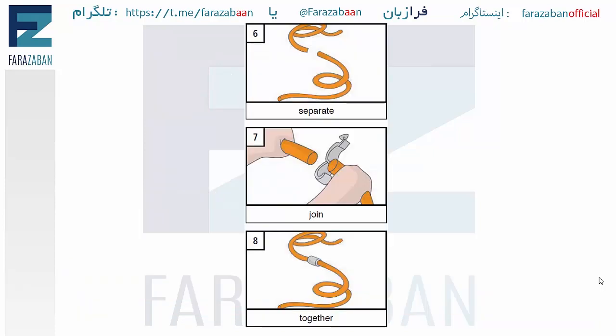Now, separate. جدا کردن. join متصل کردن، ملحق شدن. When we join two parts, the two parts are together با هم هستن. یه نکته در مورد این کلمه شماره 6: اگه فعل باشه we would say separate. ولی اگه صفت باشه we would say separate فعل، separate adjective.